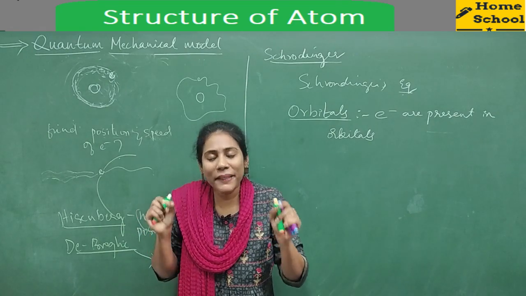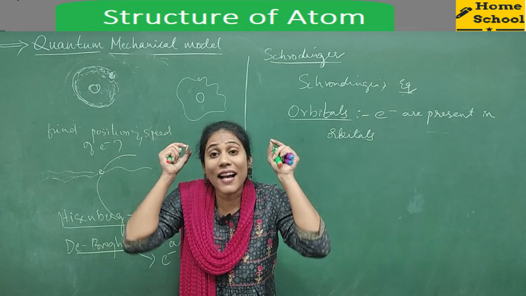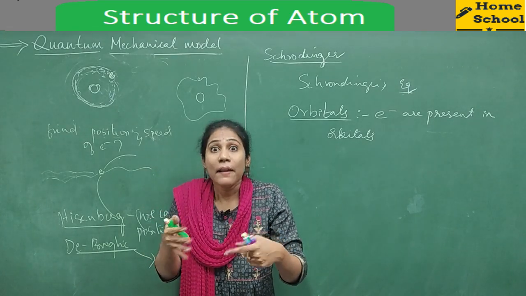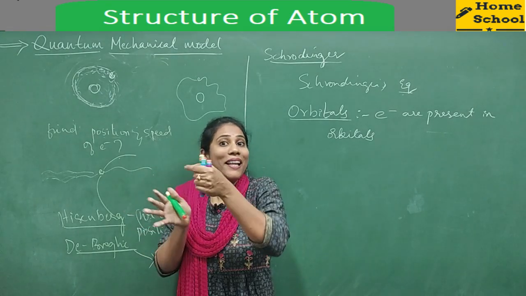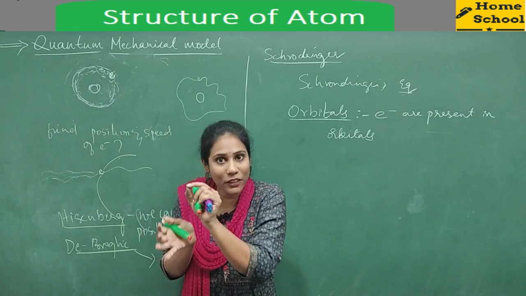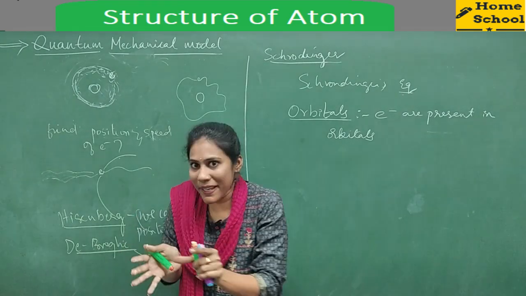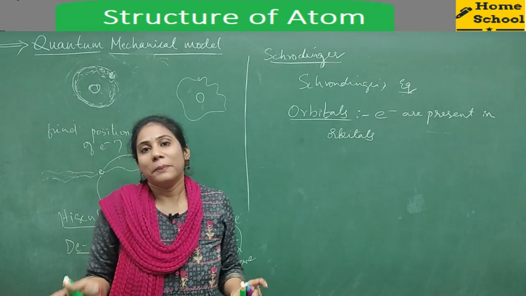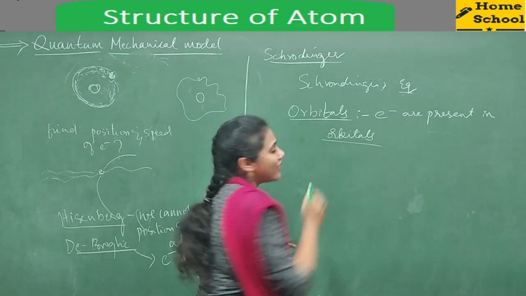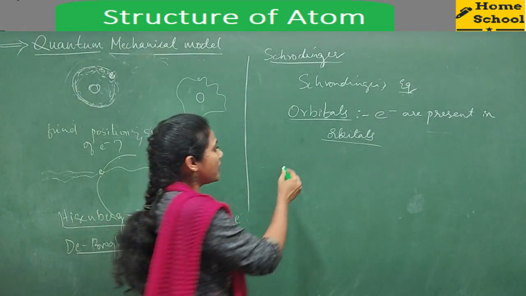So orbital is nothing but just a space around the nucleus where the electron spends most of its time, in that particular region, in that particular space. So that space we are calling orbitals. Clear? The definition of orbitals is very, very important. So what is the definition?